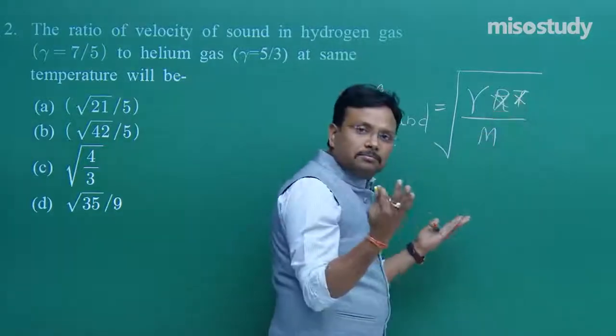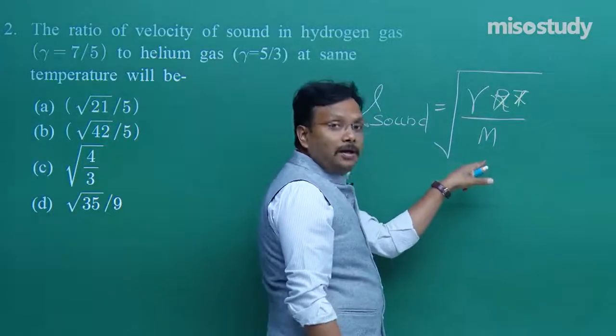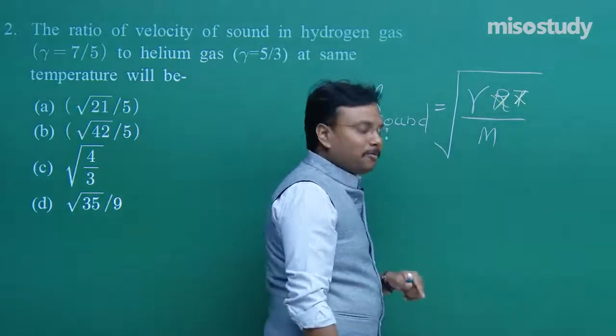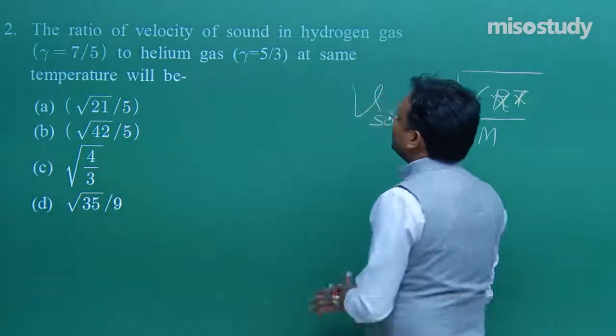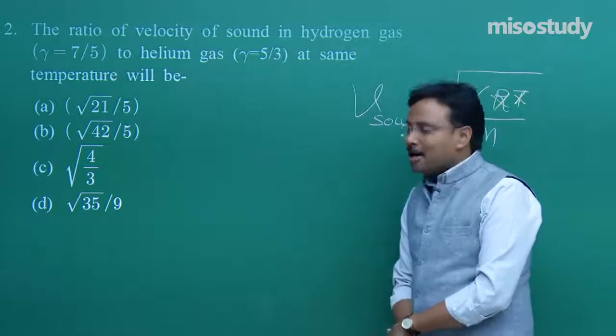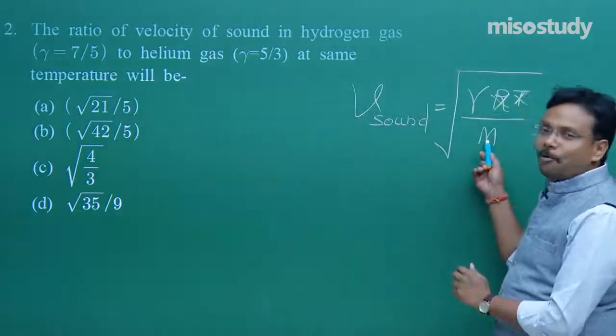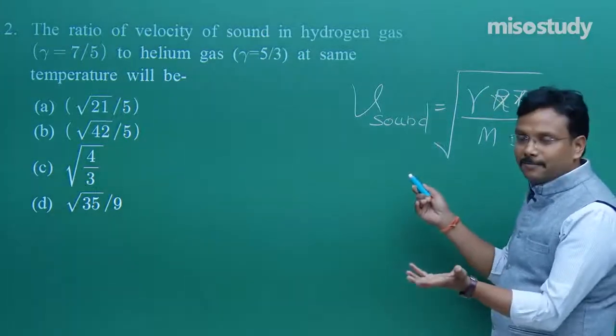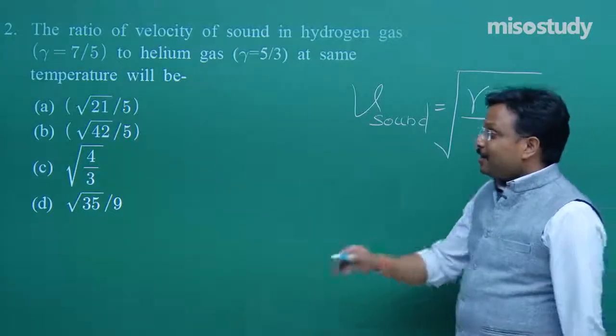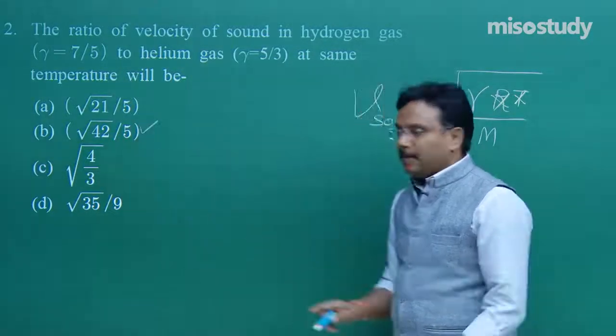R is the same, gamma 1 gamma 2 given, M1 M2 is also given. How? One is helium gas, another is hydrogen gas, so simply you have to put the value of molecular mass, solve it. Now answer is root 42 by 5.